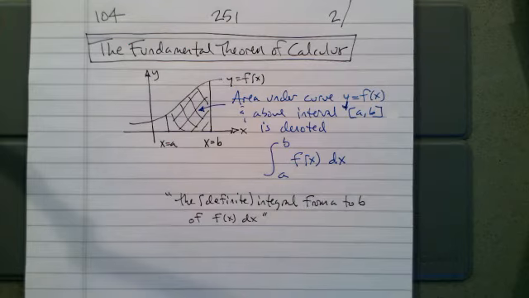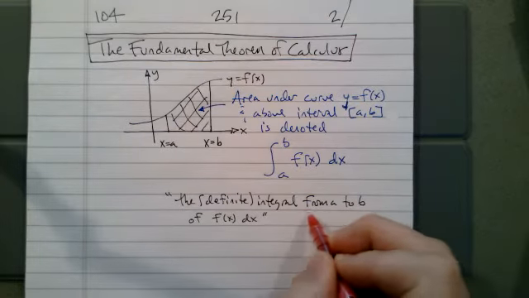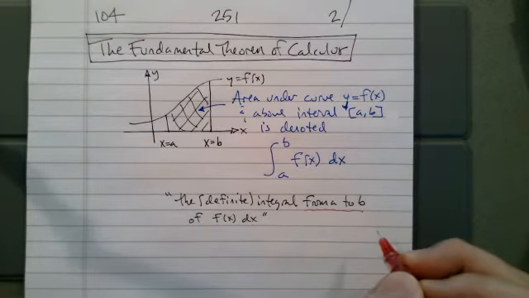So, definite integral notation. I put definite in parentheses because we'll usually just say the integral from a to b of f of x dx, because once we include that from a to b part, that's what makes this a definite integral.